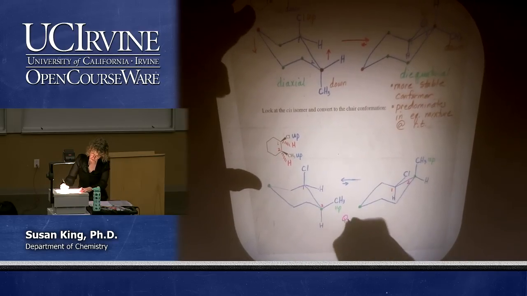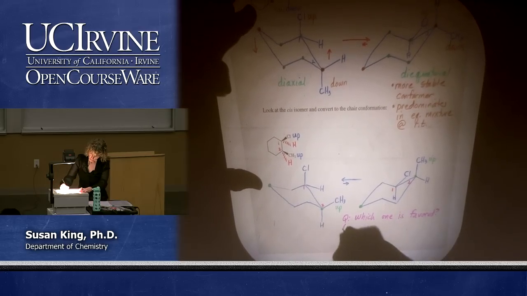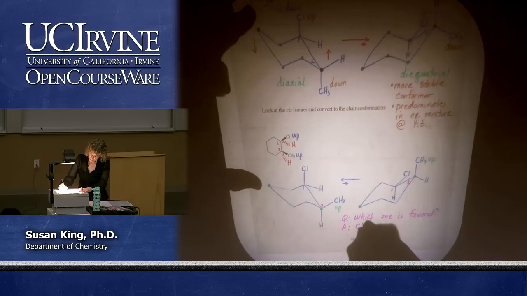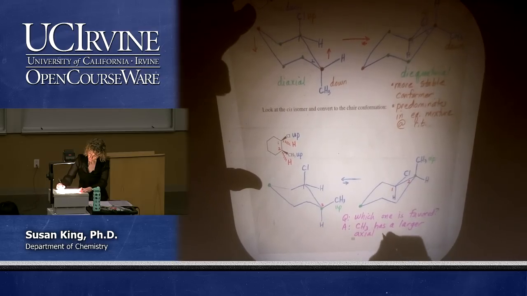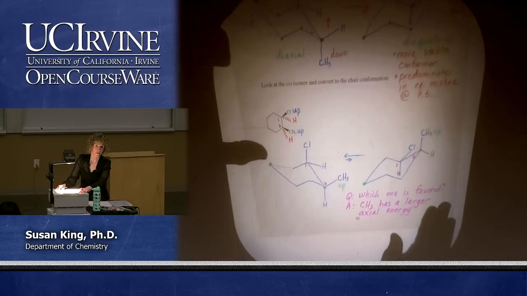So question, which one is favored? And the answer is methyl has a larger axial energy. So you want the one with a larger axial energy always to be in the equatorial position? That's correct. Everybody hear what he said?